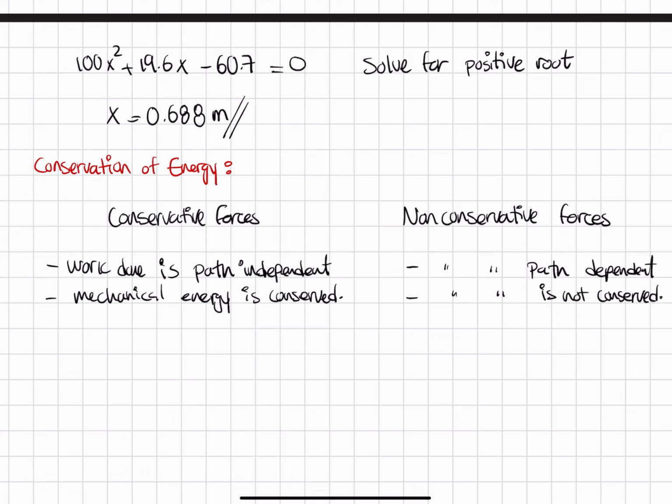And so, of course, when we talk about conservation, we have to talk about reversibility. When you have conservative forces, work done is reversible. And for non-conservative ones, work done is non-reversible. And so what are examples of each of these?